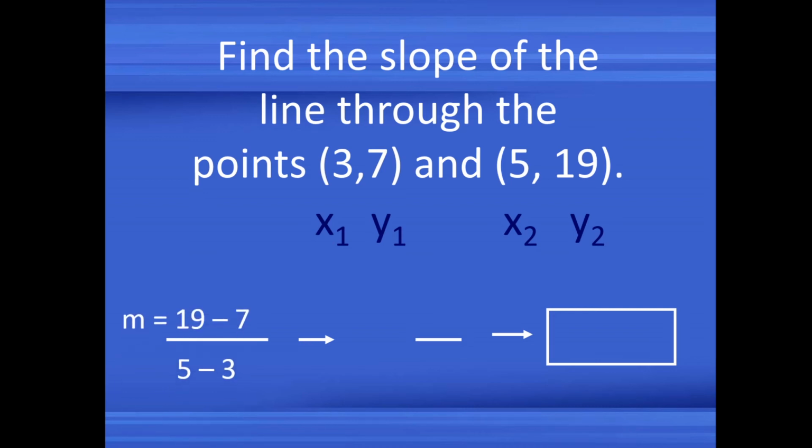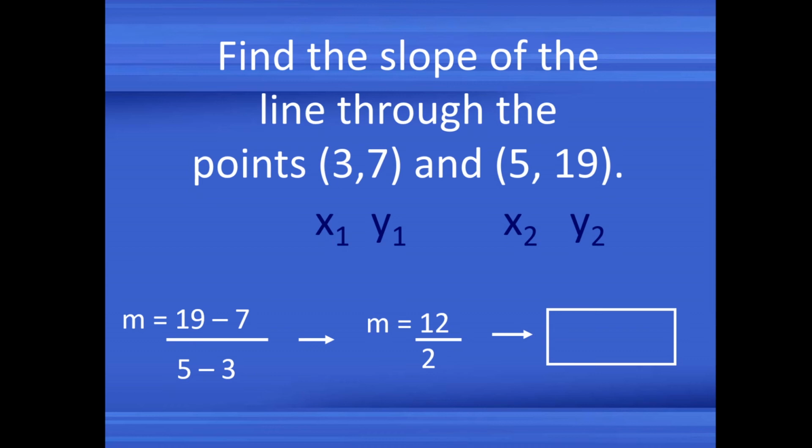If we write that down in the formula, that's going to be m equals 19 minus 7 over 5 minus 3, correct? Now we need to solve it. We need to deduct 7 from 19 and we need to deduct 3 from 5. So the answer would be 12 over 2, right?